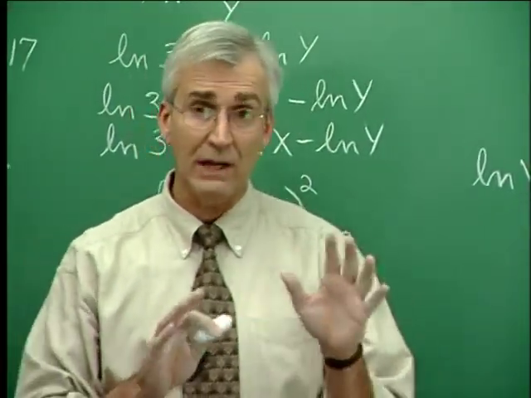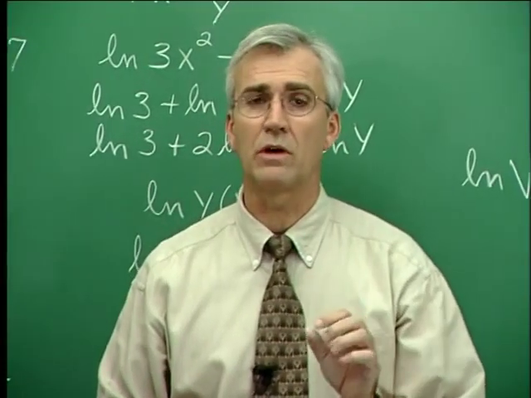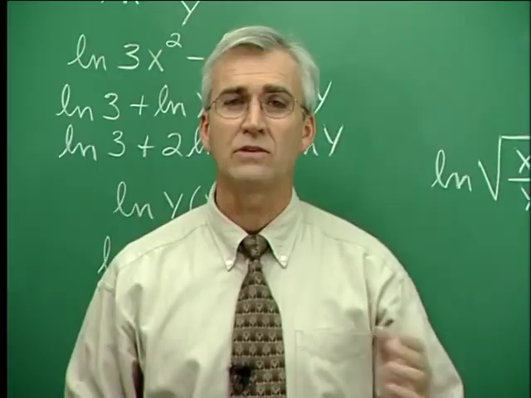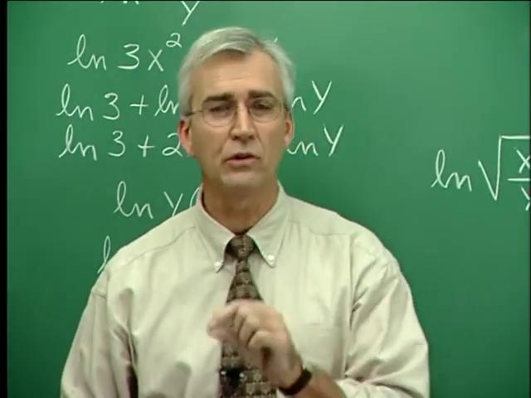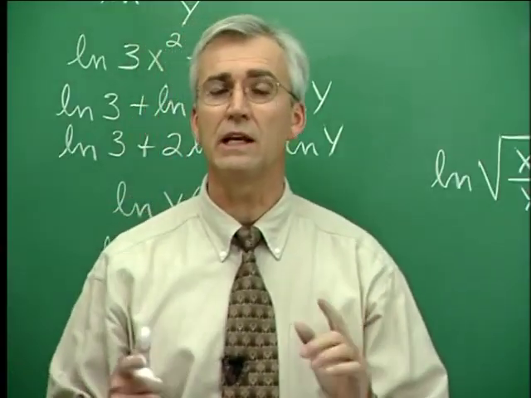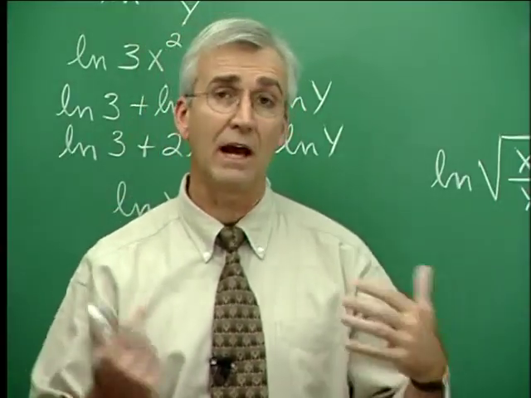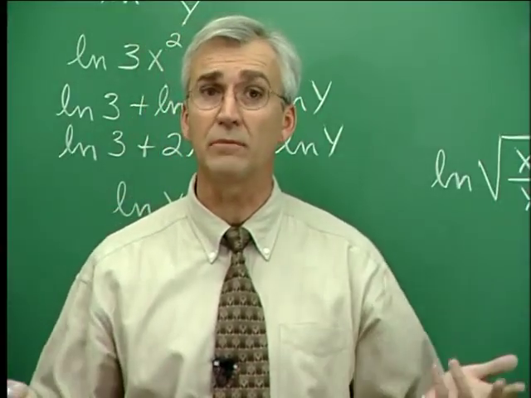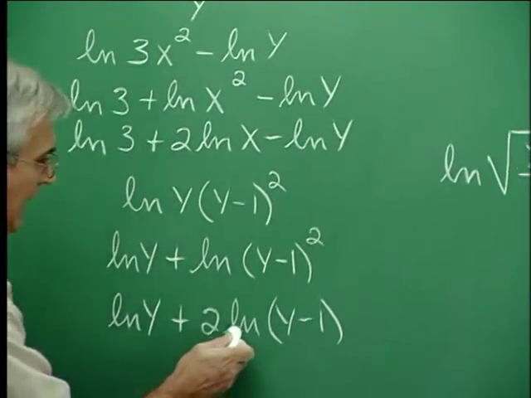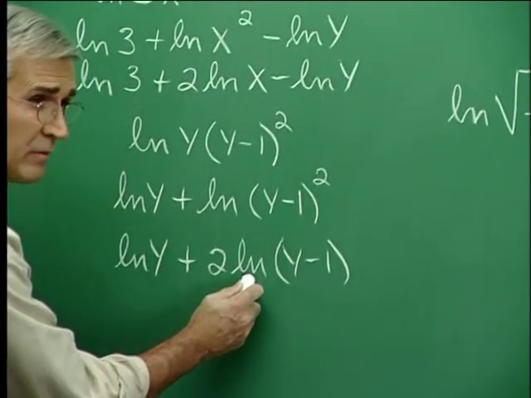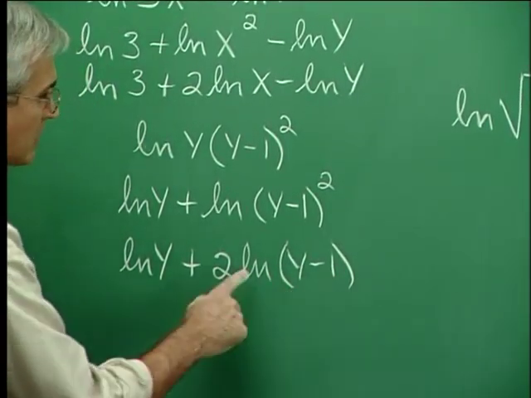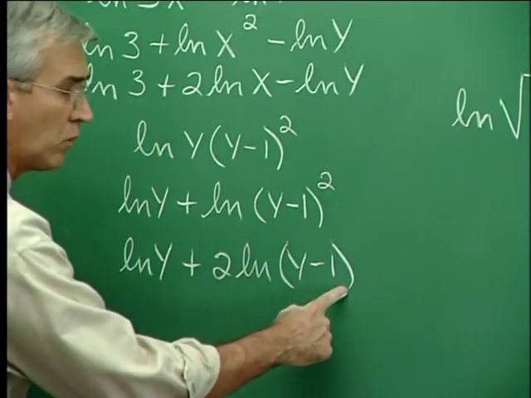Now, I think at this point, when working with properties of logarithms, I find that with my students, it's just as important for them to know what they can't do as it is for them to know what to do. Because there's a tendency to try to use some techniques that have been learned in the past and apply them here in the world of logarithms, and they simply don't work. For example, the idea of distributing this operation of logarithm throughout this binomial, and thinking of this as ln y minus ln 1.